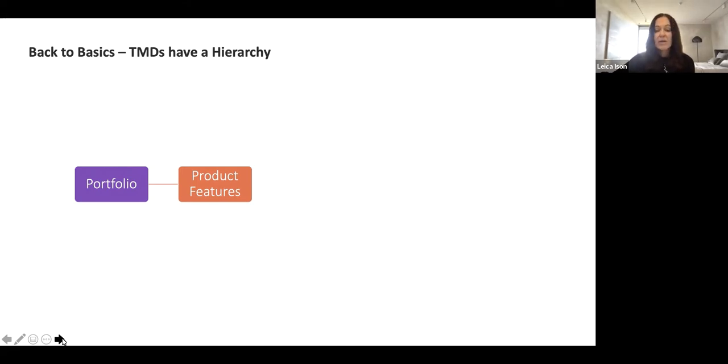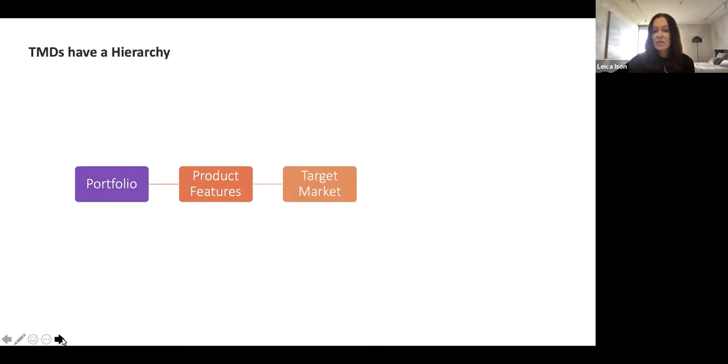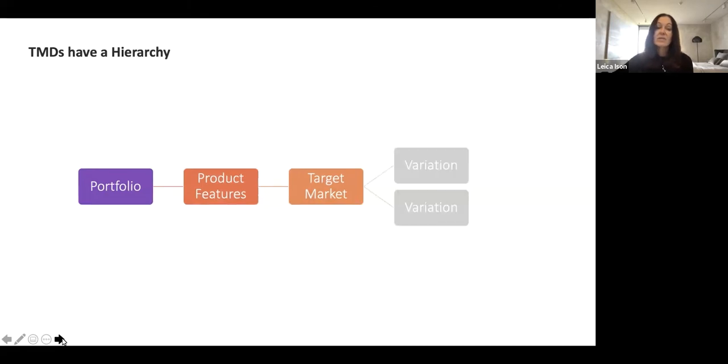The next area is really just to frame up the core product features. So the core product and its features, and then look at the target market for that product. You will have had segmentation across your organisation that you're focusing on for your product. So setting that clear target market. And then the next is to list out and think about what are the variations on that product and product features.